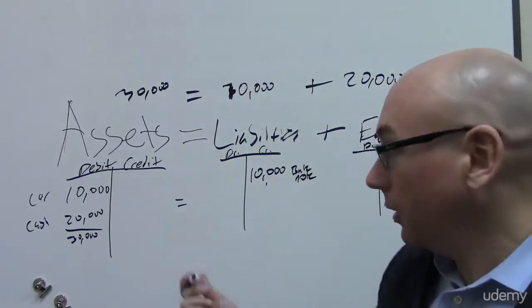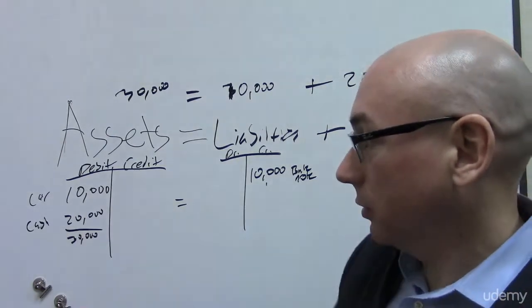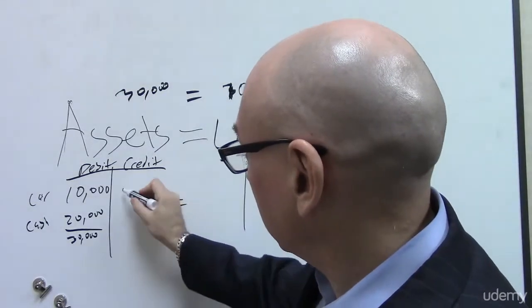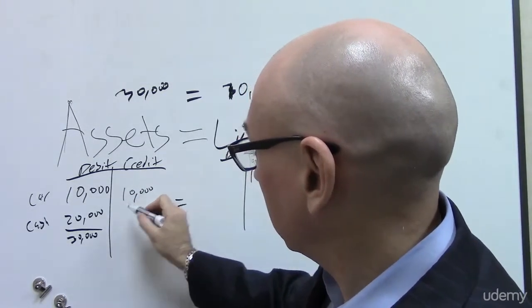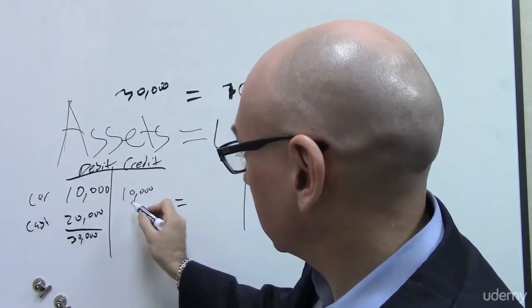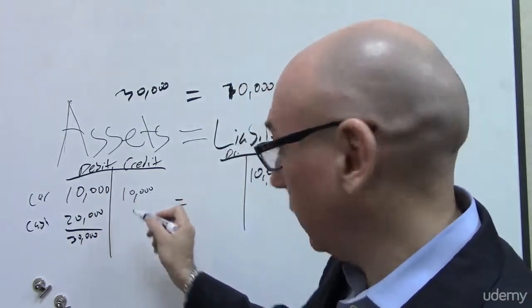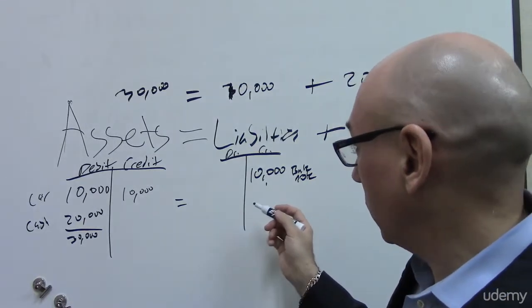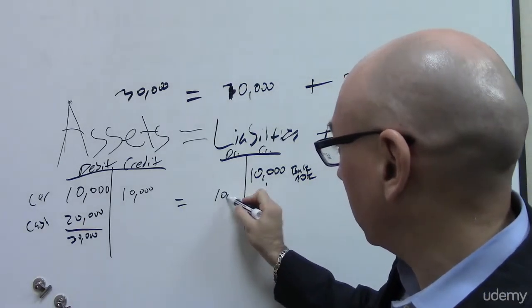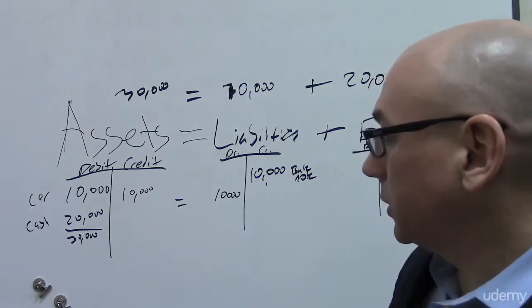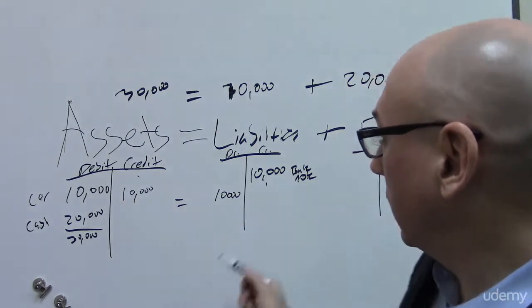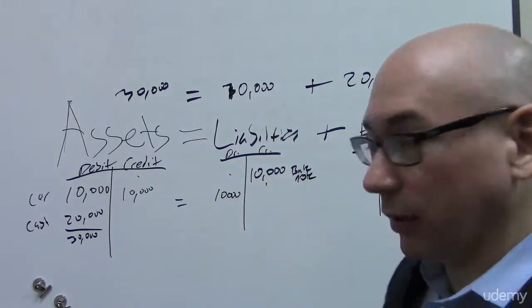Now let's say we're going to sell this car. So we credit $10,000 here, and that goes to zero. And let's say we pay off the bank note, so we debit the bank note right there. We got rid of the car with a credit, and then we got rid of the liability with a debit.